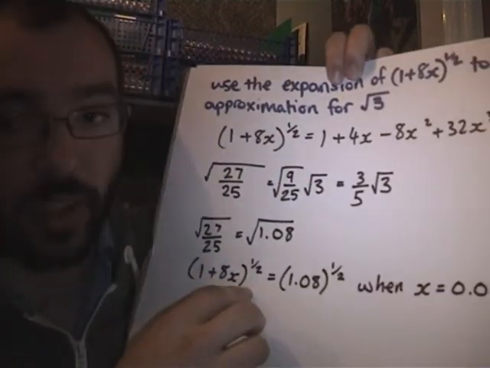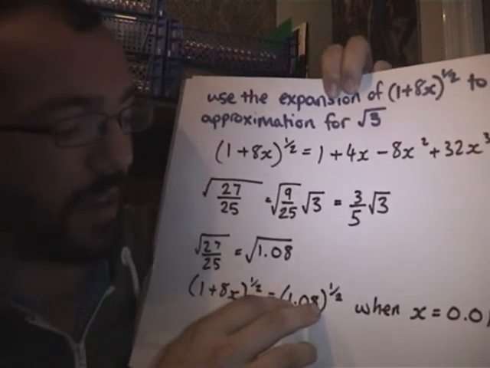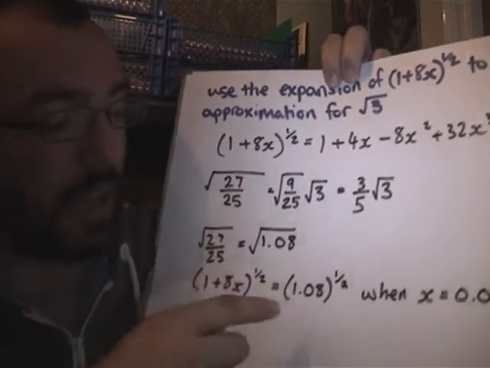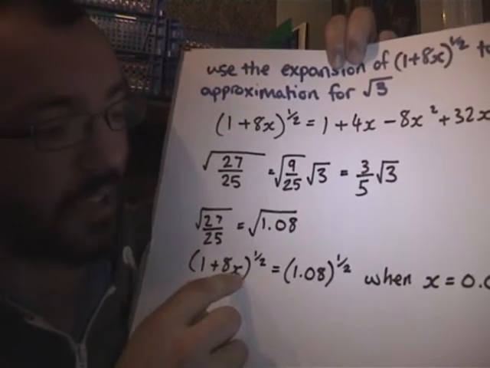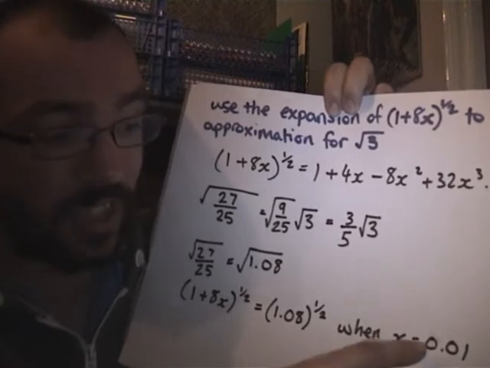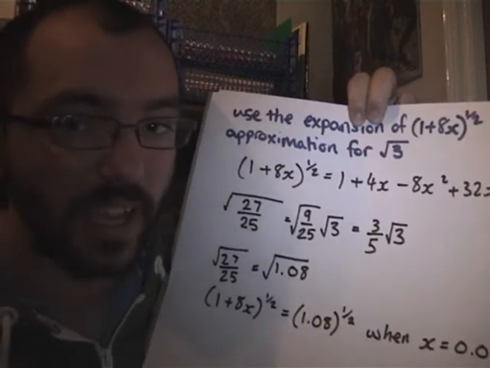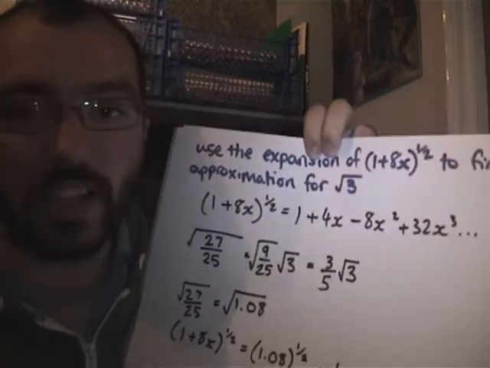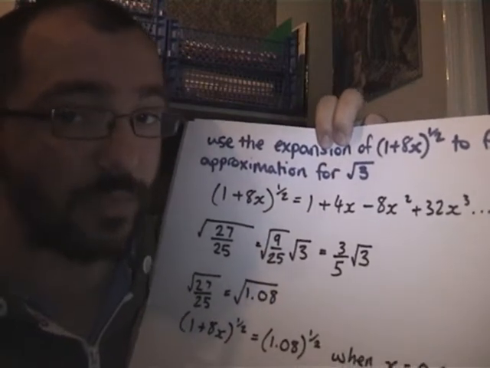And so I've said, if I do look at 1.08, which is this, in my expansion I need x to be 0.01. And 0.01 is considerably less than an eighth, so my expansion at the top that I worked out earlier is going to be valid.